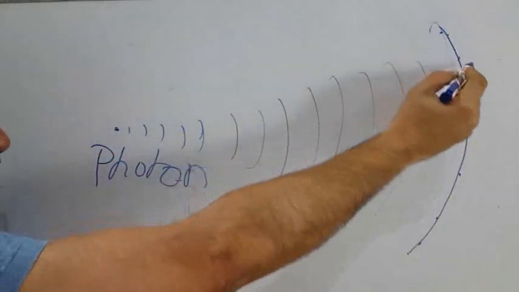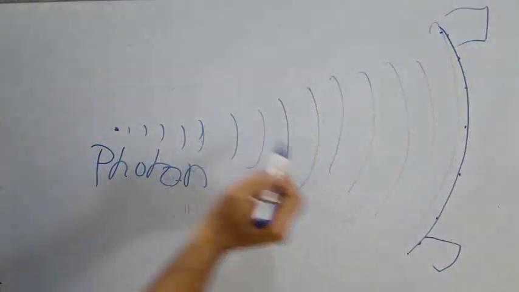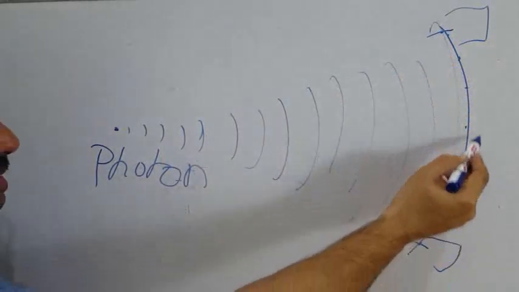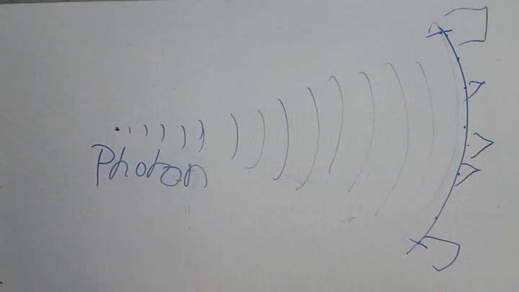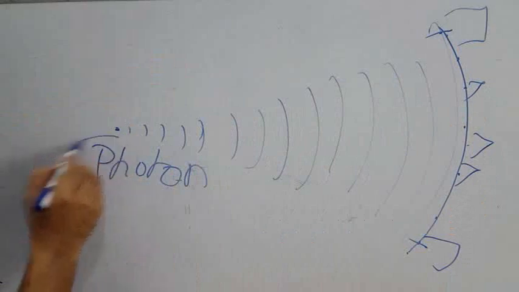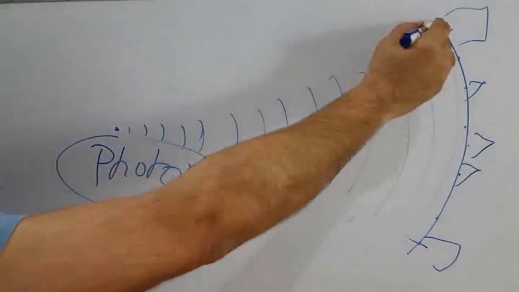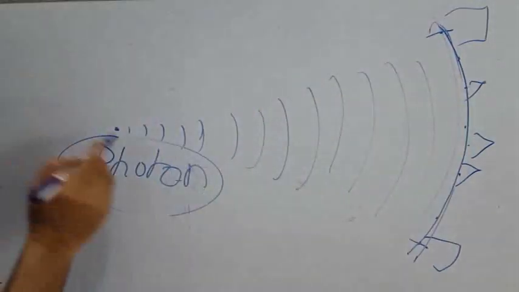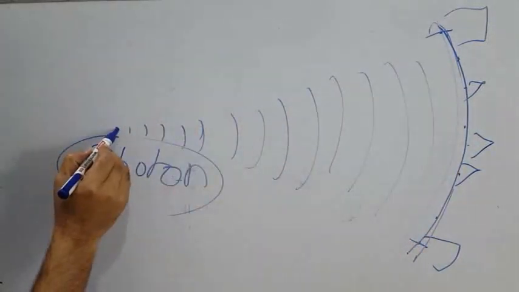When this photon reaches here, and there are different receivers, where shall this photon be received, here, here, or here, because this is a particle? A particle cannot be of this much size, and if it is of this much size, it cannot be of this size.